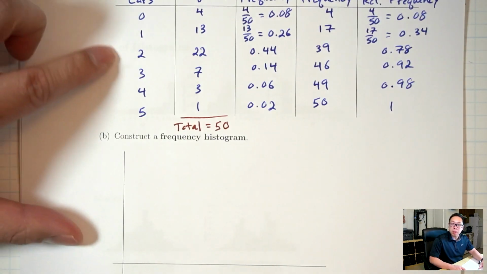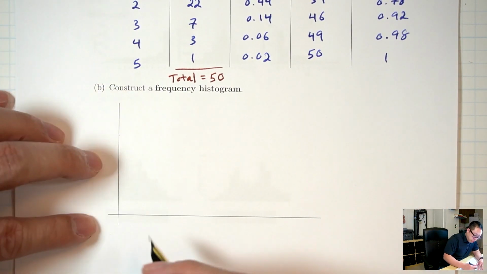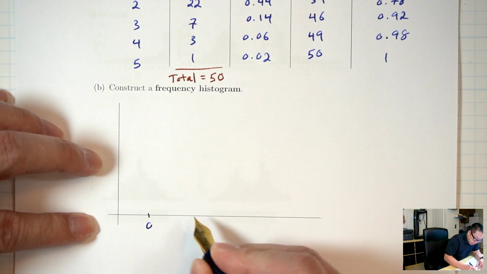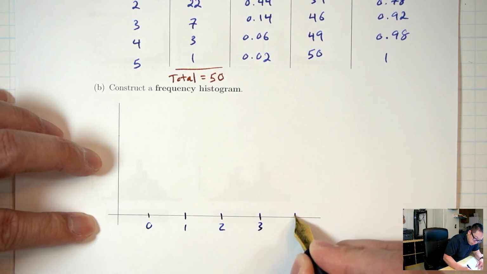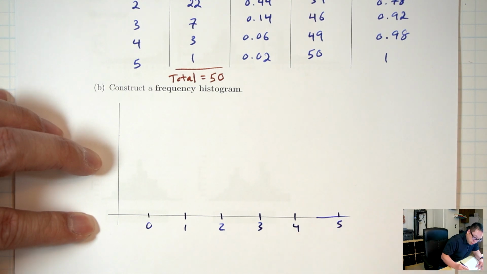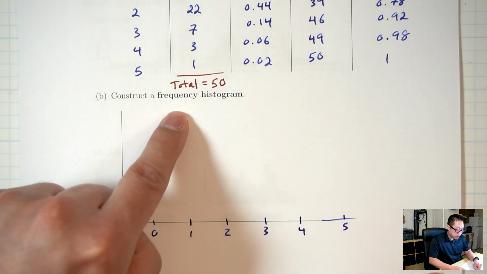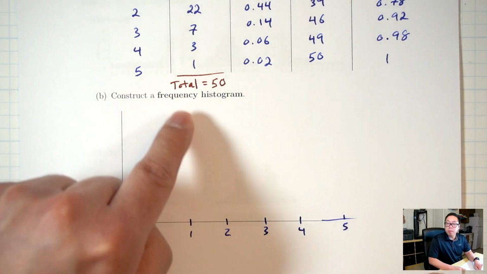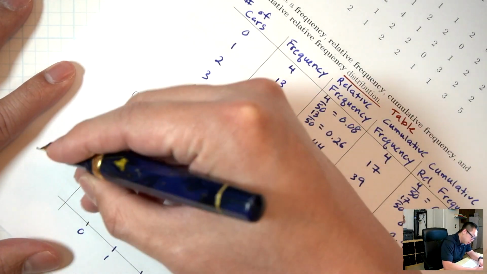Okay, so I'm going to list out 0, 1, 2, 3, 4, 5. On the y-axis, I'm going to put the frequencies.